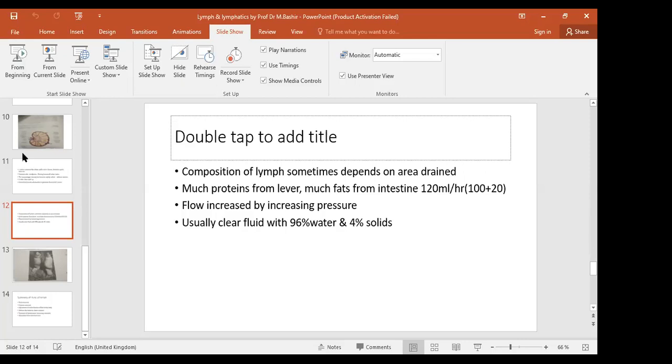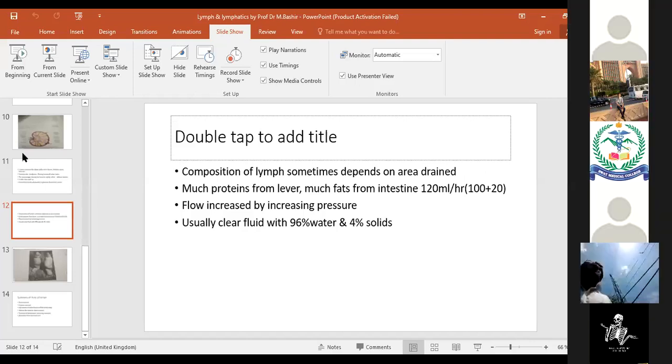Similarly, if the lymph is coming from the intestines, then it will have a lot of fats, because the fats which you ingest are absorbed through the intestines.